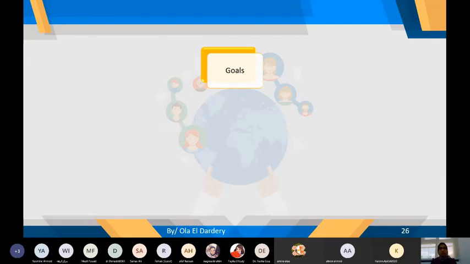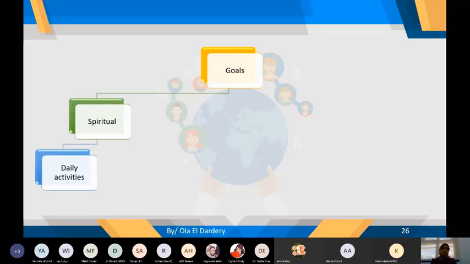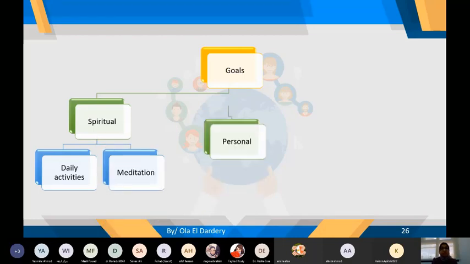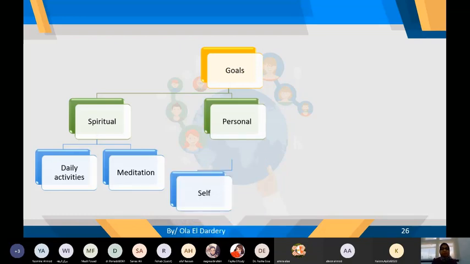And as we said, Kaizen is not mainly just about problems. It can as well include other life improvement goals. So let's say it's not a problem, it's an issue, it's a goal that we want to achieve. So what they could include on a personal level, they could be spiritual goals. They could be daily activities that they want to do. They could include meditation or a religious aspect that they want to do as well.